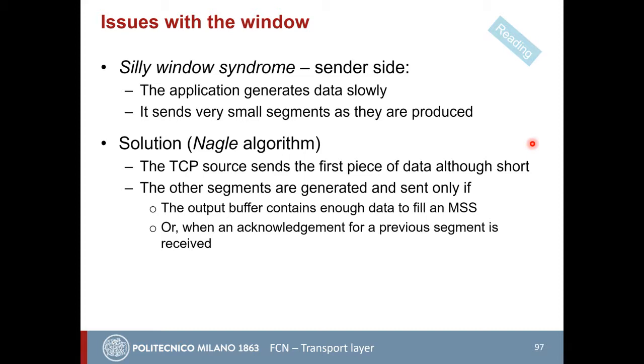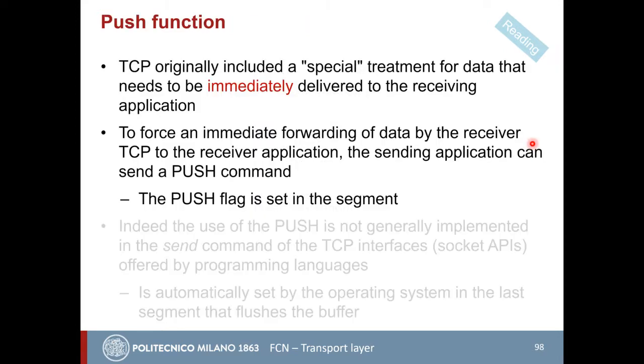Basically, these are the tricks that the receiver or the sender can play with the size of the window in order to avoid behaviors that are, let's say, very inefficient in terms of transmission rate. It's something that I have already anticipated before when I talked about the tricks that you can play with the window size by lying about the effective space that is available in the buffer. But we can skip them.